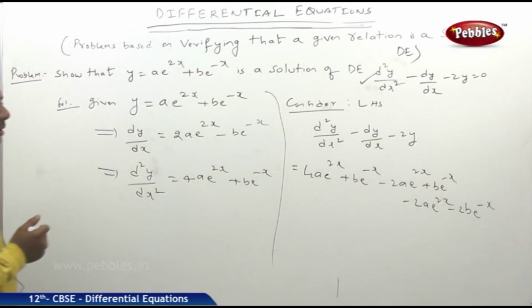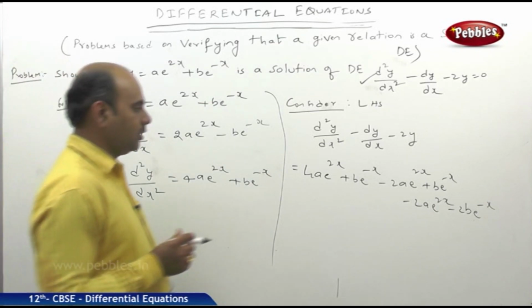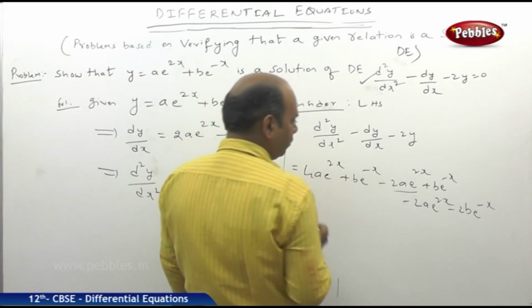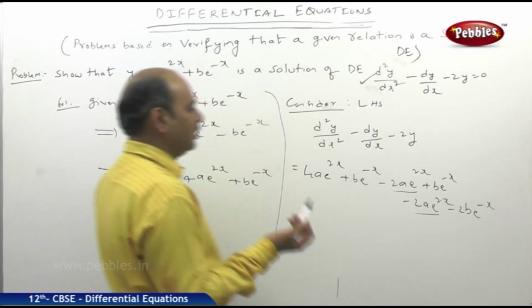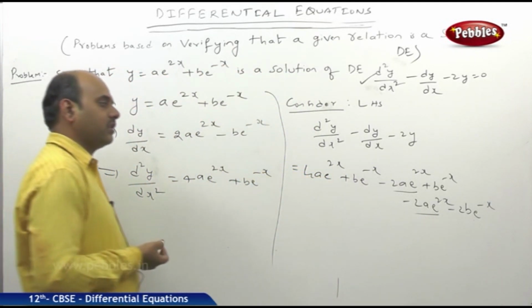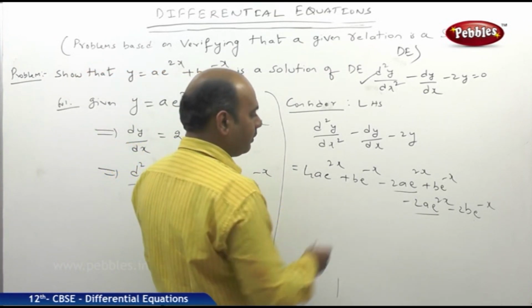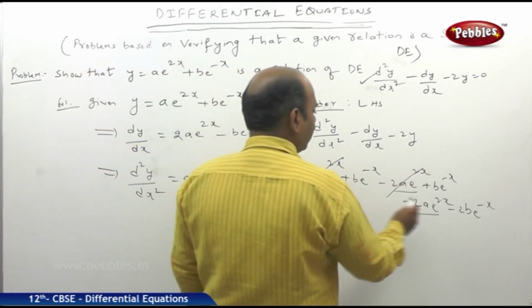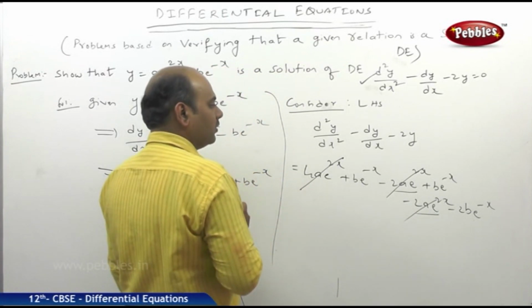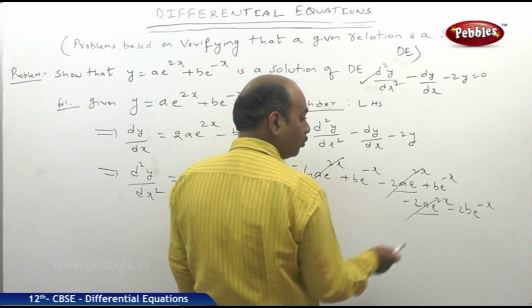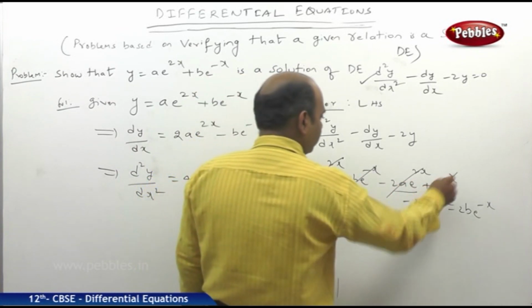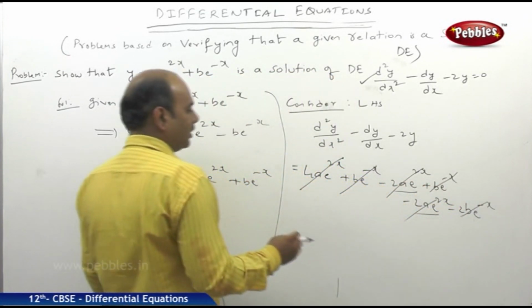Now if you observe carefully, minus 2a e power 2x minus 2a e power 2x means minus 4a e power 2x, and here 4a e power 2x is there, so these terms cancel. Similarly, b e power minus x and b e power minus x give 2b e power minus x, which also gets cancelled.